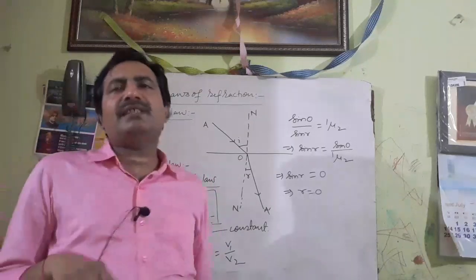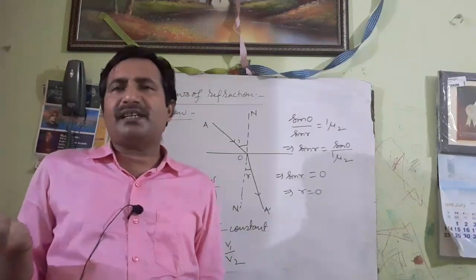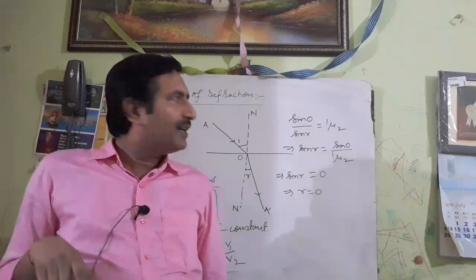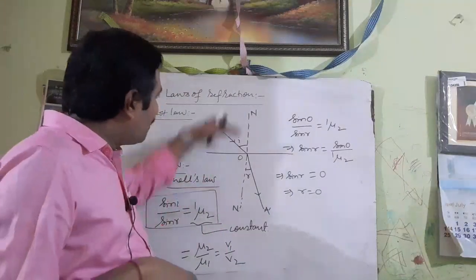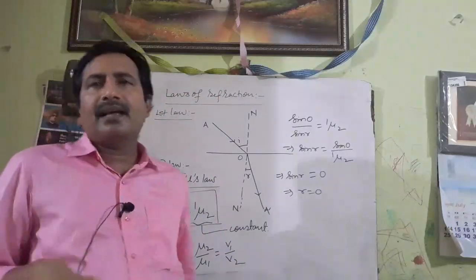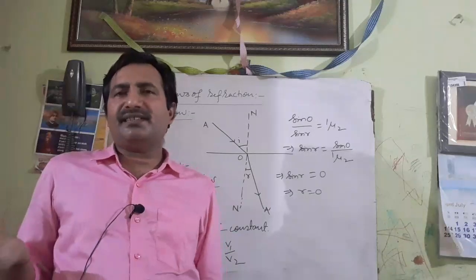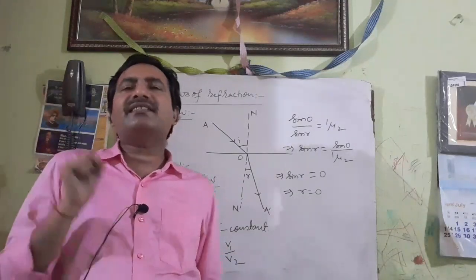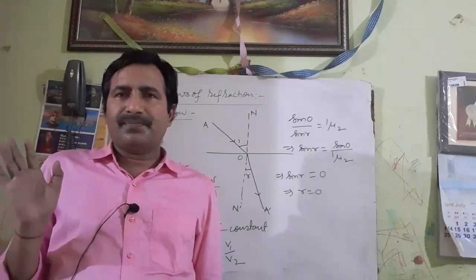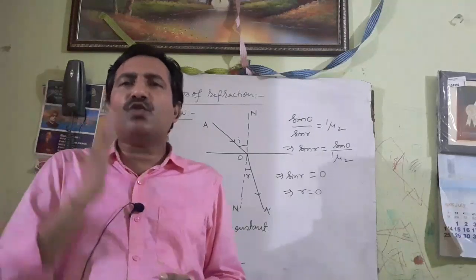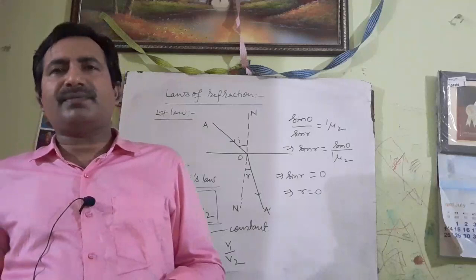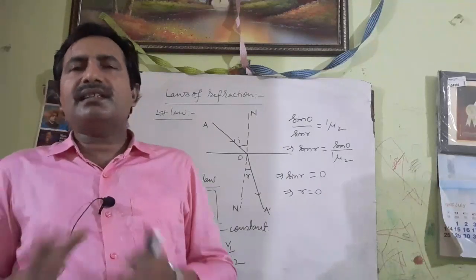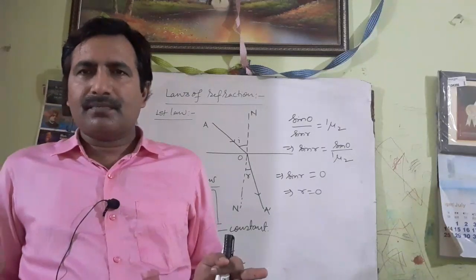Another situation in which again the refraction of light will not be taken into account is if the two media have the same refractive indices, meaning they have the same optical density. If there is no change in the optical density of the medium, then there will be no refraction.